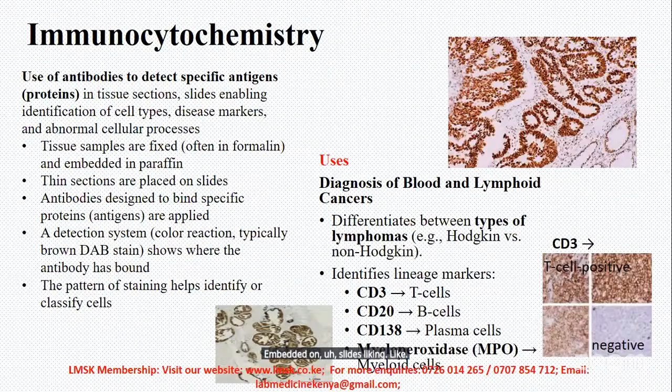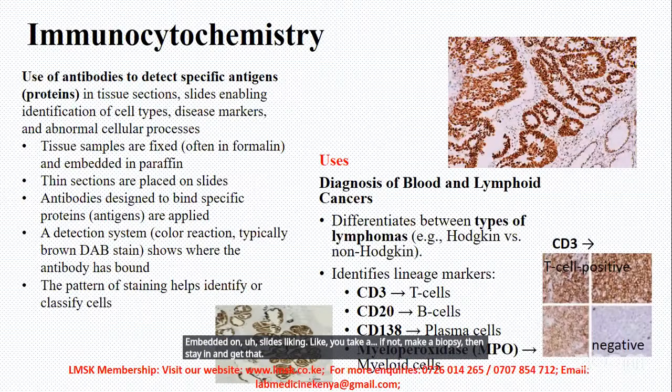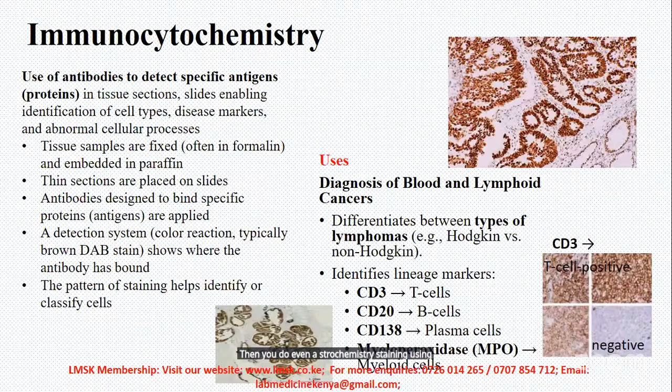You take a lymph node, make a biopsy, then stain. You do immunohistochemistry staining using specific antibodies. And now this will stain based on the presence or absence of the cancer that you are looking for.